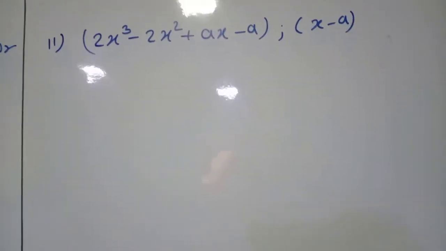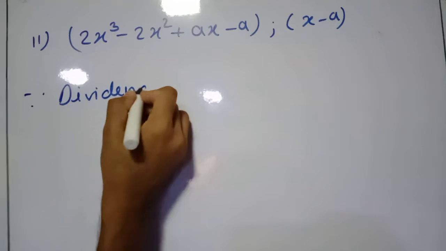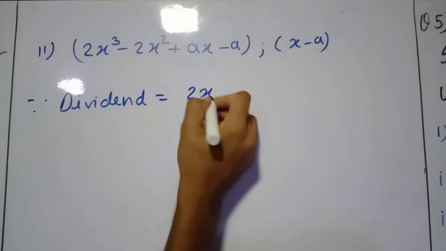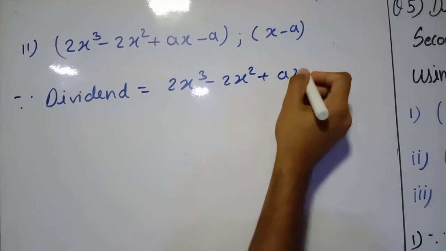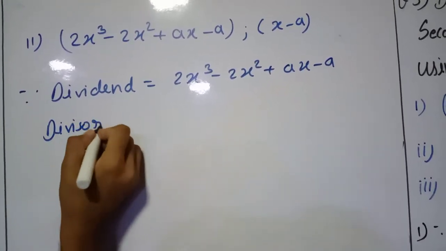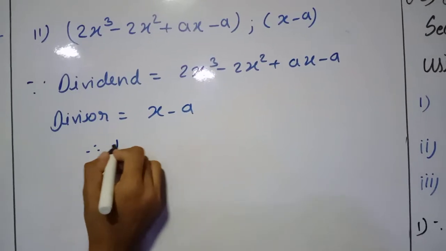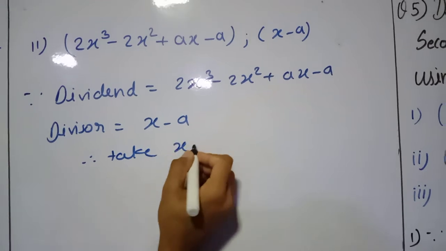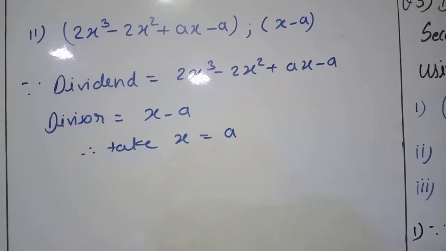First we have to write the dividend, because dividend is equal to 2x cube minus 2x square plus ax minus a. Divisor is equal to x minus a. Therefore take x is equal to a. We have to take x is equal to a.